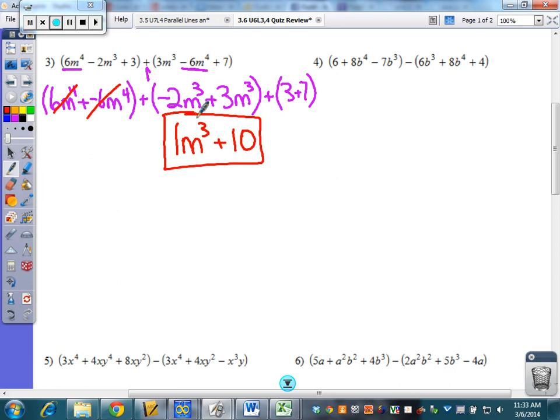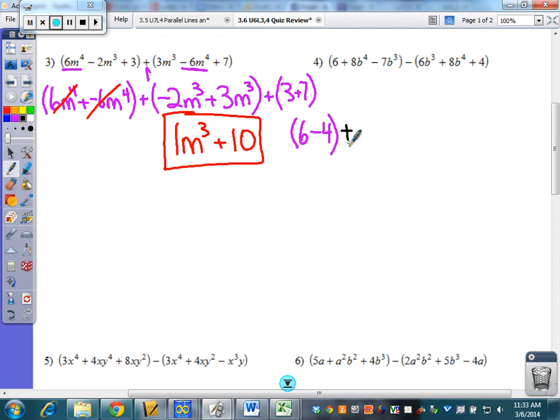If we're going to do that using a negative, again, we'll group. This first group is going to be 6 minus 4.